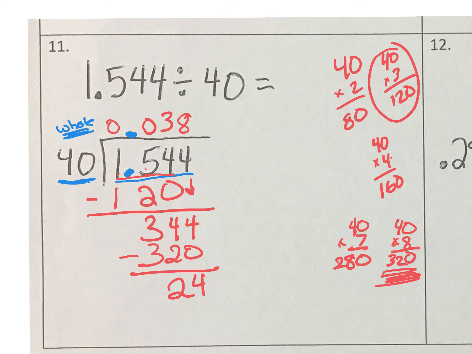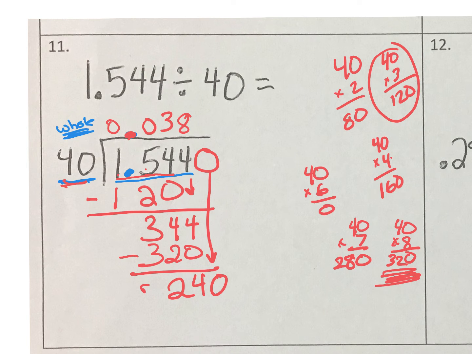All right, now, because I'm working with a decimal here, and I have some remainder here, I can just throw a 0 right here and not change anything. So I'm going to do that, and I'm going to put my 0, and I'll bring that down. So now I have, how many times does 40 go into 240? Ooh, 7 was 280, so let's try 6. 40 times 6.